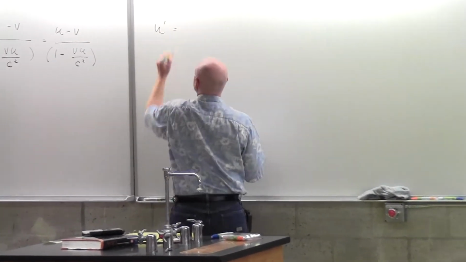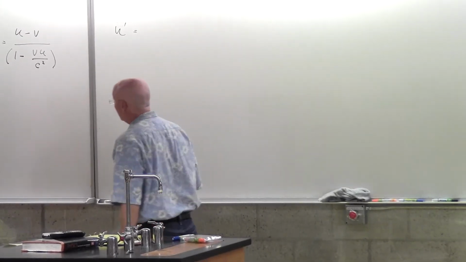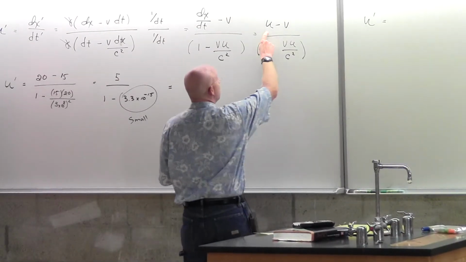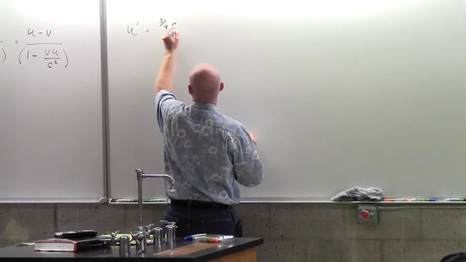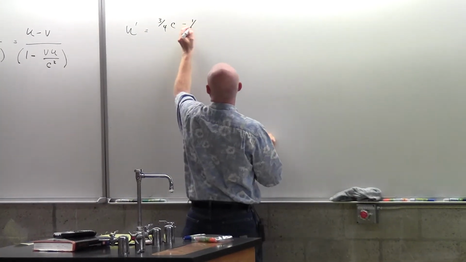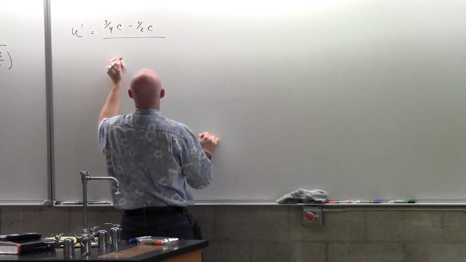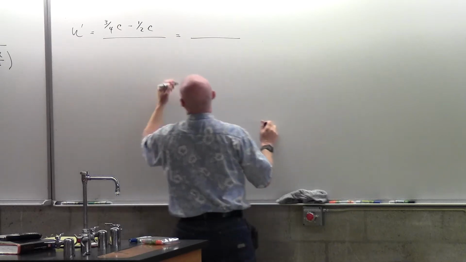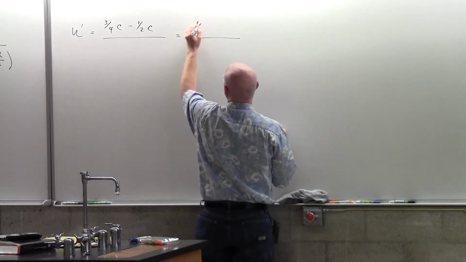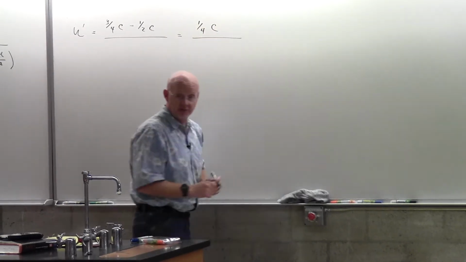What do I see? Well, let's come back to here. The bird is going 3/4 the speed of light. I'm riding at half the speed of light. If the denominator was not here, I would get 1/4 the speed of light.